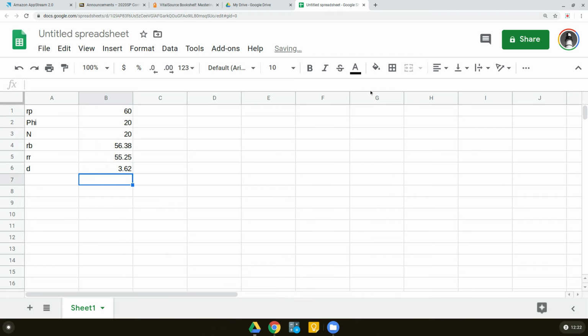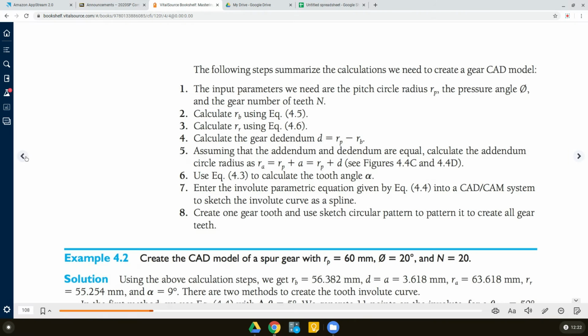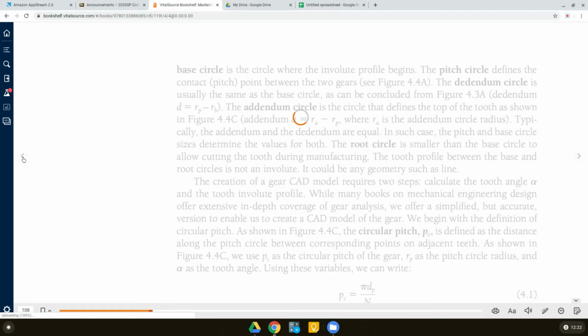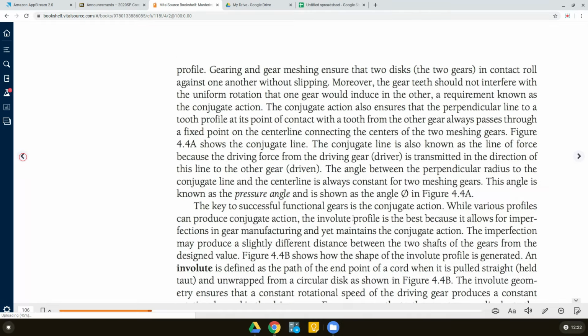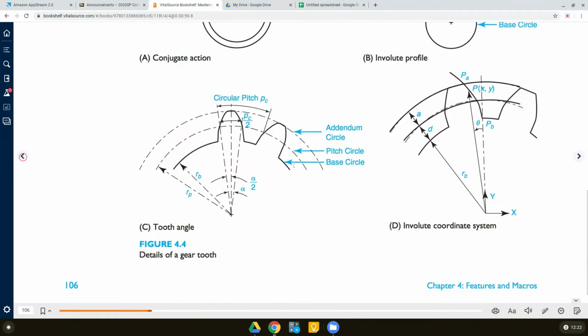And why do we need that? So just to show you, the dedendum, shown here very nicely, is the distance between the pitch circle radius and the base circle radius. That distance between these two radii is dedendum.